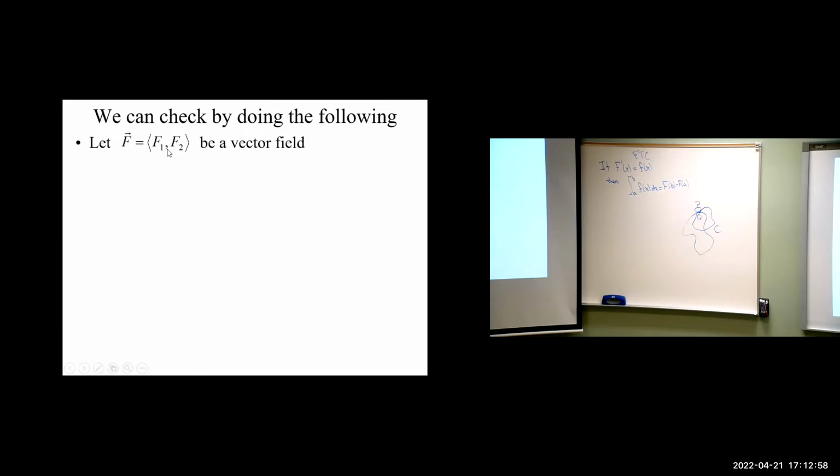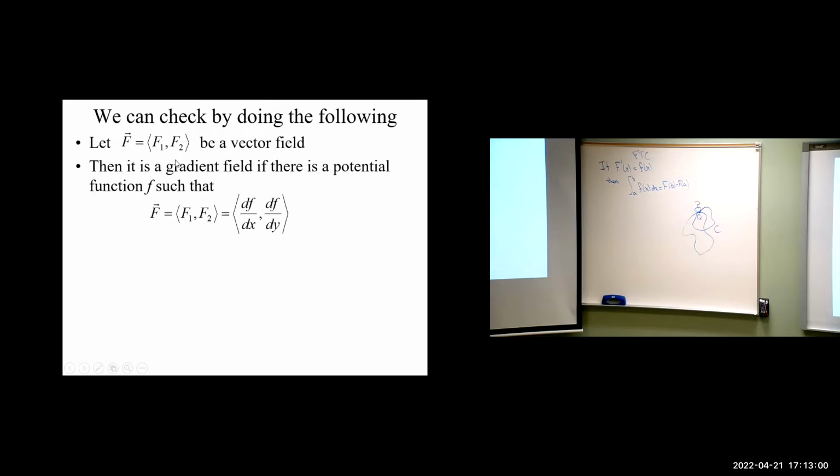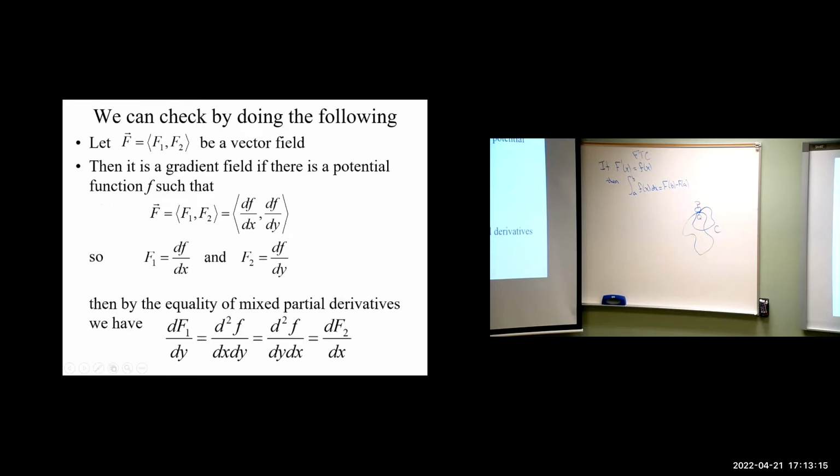So if the vector field, let's call it F1, F2, well, remember, those are the first order partials of the potential function. We know that the mixed partials should come out to be equal, right? That's something we learned a long time ago. So what we need to show is that that curl is 0, or that these mixed partials are equal.